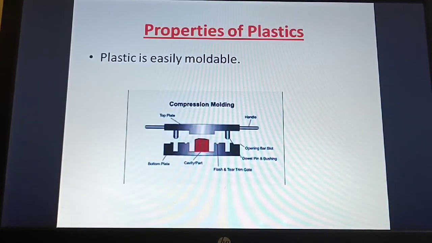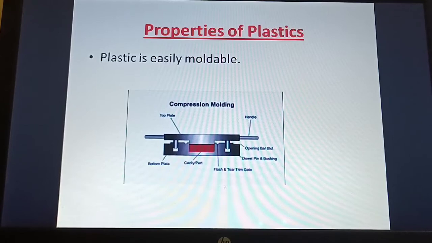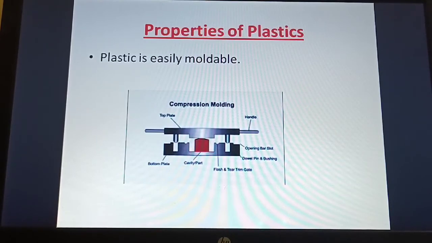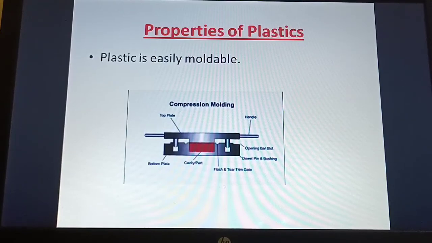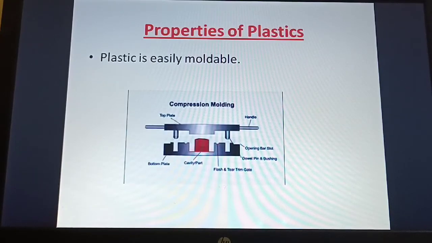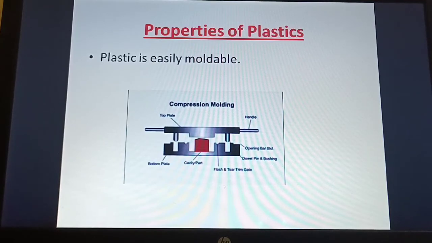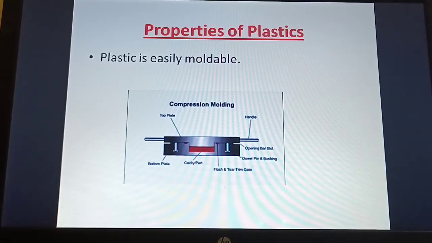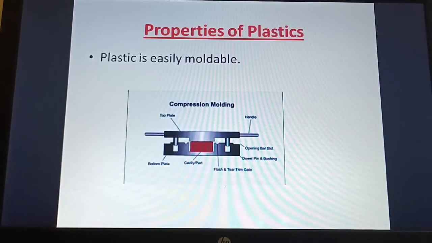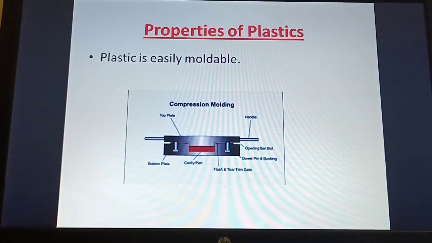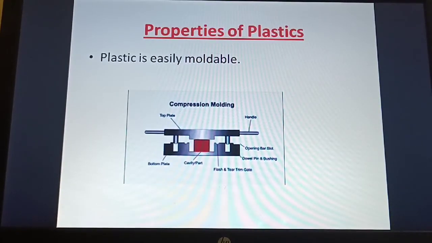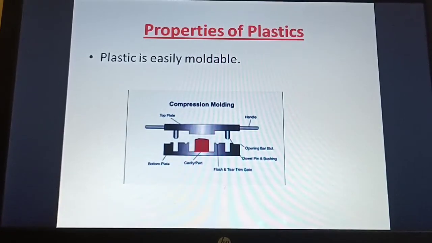Next, the properties of plastics. Have you seen plastics in different shapes? For example, a bottle is made up of plastic. Then the charger, plastic balls, plastic bats are present. Different things are present in different shapes. So plastic is easily moldable.